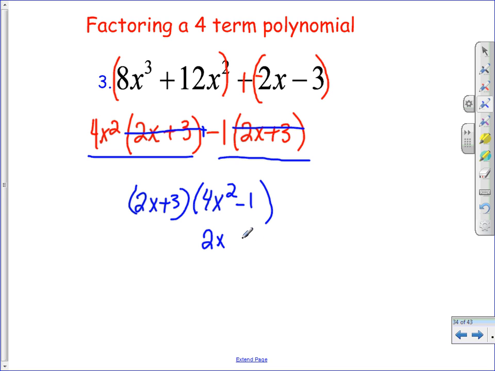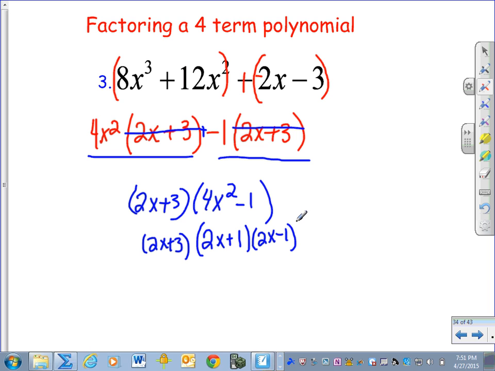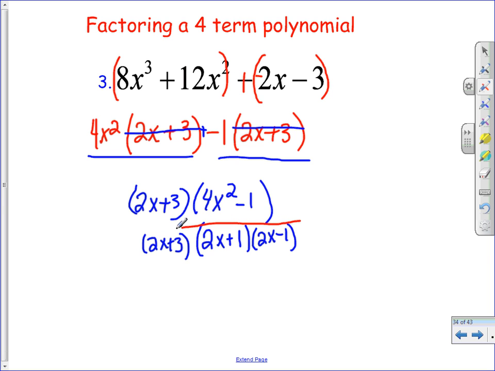The square root of 1 is 1. There is no middle term, so I need a factor that's 2x plus 1 and a factor that's 2x minus 1. Oops, and don't forget our friend 2x plus 3. So this four-term polynomial has 3 binomial factors.